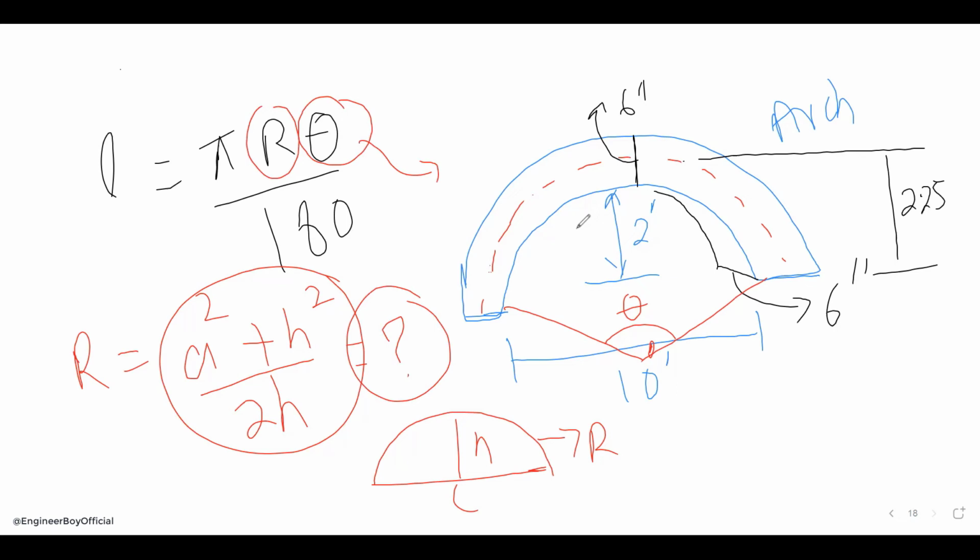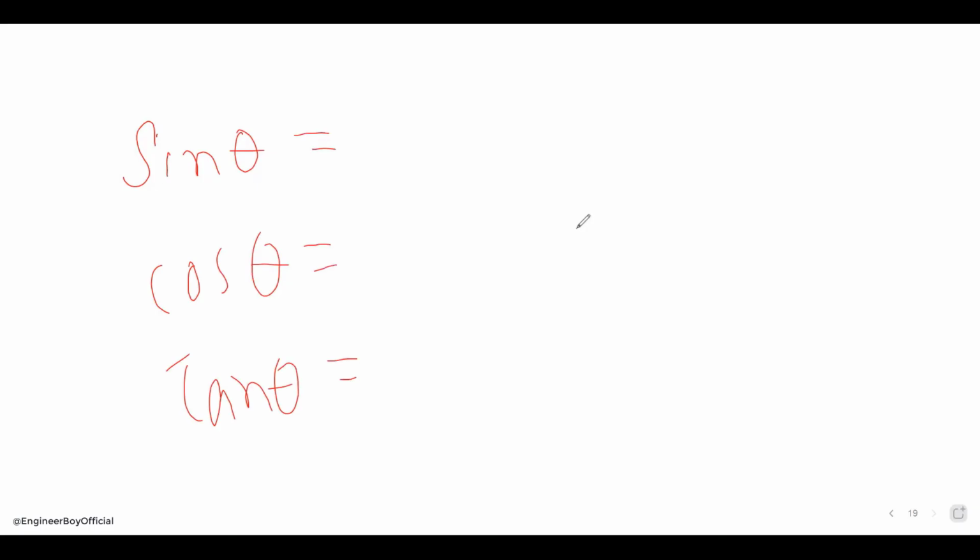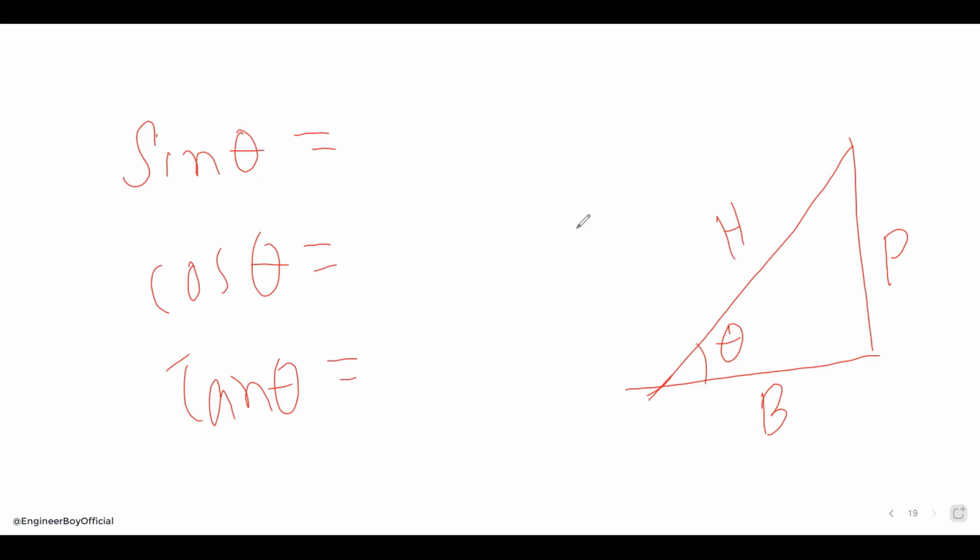Are you guys familiar with those things, sine, cos, tangent? Yes, sir. One is sine theta, there is cos theta, and there is tangent. These are trigonometric ratios for a right angle triangle. Let's say this is theta, here we have the base, this is the perpendicular, and here we have the hypotenuse.